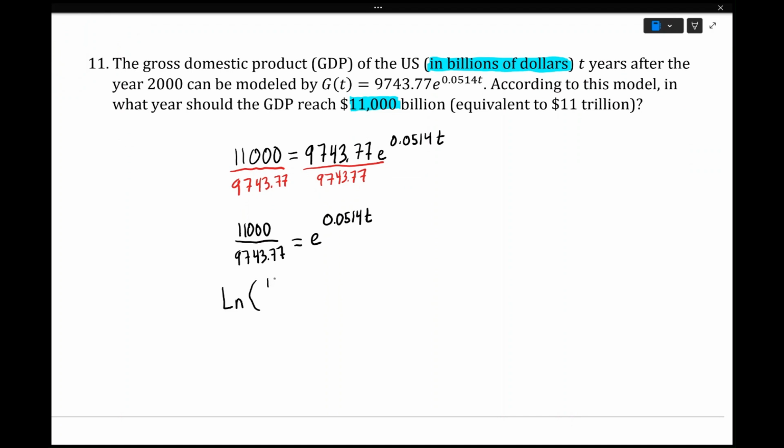This becomes natural log of 11,000 over 9,743.77 equals 0.0514t. I divide by that fun decimal, 0.0514.